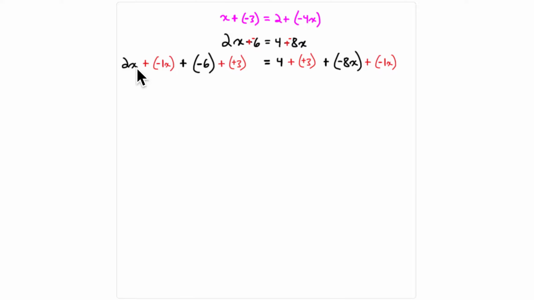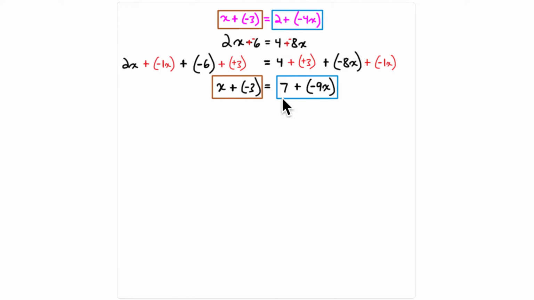I'm going to try to get this to x plus negative 3. So on this side, I'm going to add a positive 3, and so I have to add a positive 3 to this side. I'm actually doing 2 steps at one time. So I'm also going to add a negative 1x to this side, which is going to change this to x, and a negative 1x to this side. So if I do that, I get x plus negative 3.